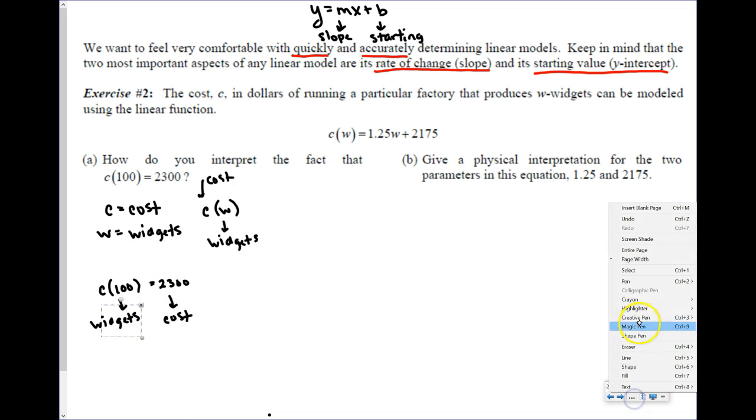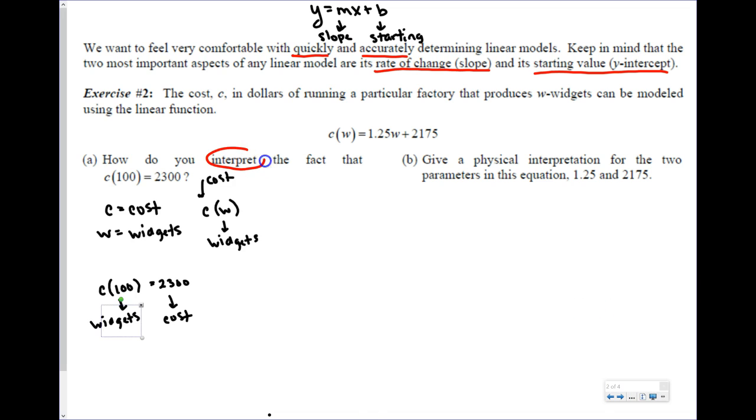When this question is asking me to interpret what this equation means, they want something in English that says, what does it mean? Well, it means that if I want to make 100 widgets, it will cost $2,300. That's what that means. If I make 100 widgets, it's going to cost $2,300.